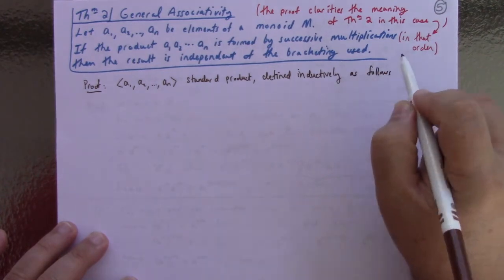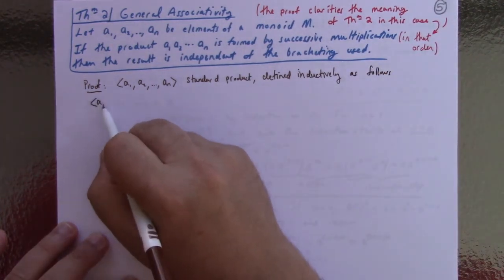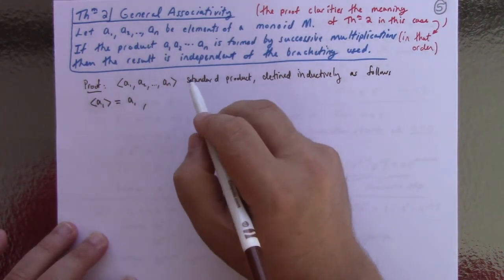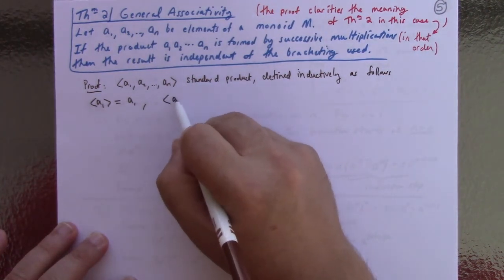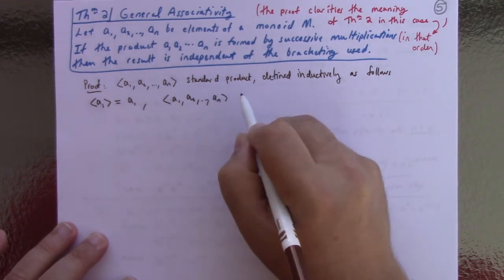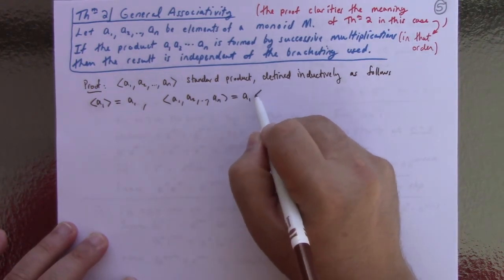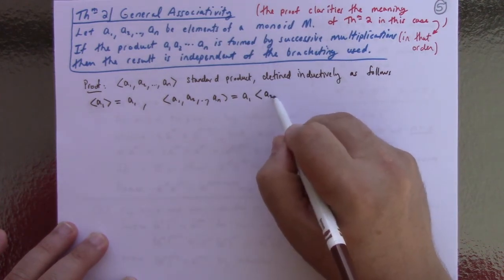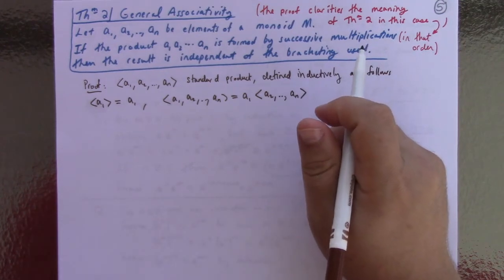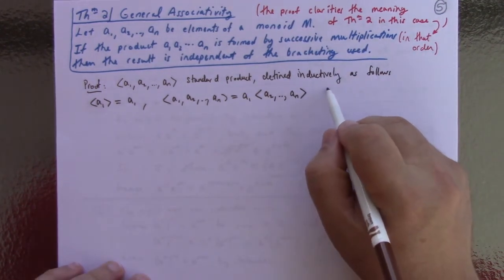So first of all, if we just have a1, it's just a1. And then if we have a1 through an, that's defined to be a1 times (a2 through an), for n greater than or equal to 2.